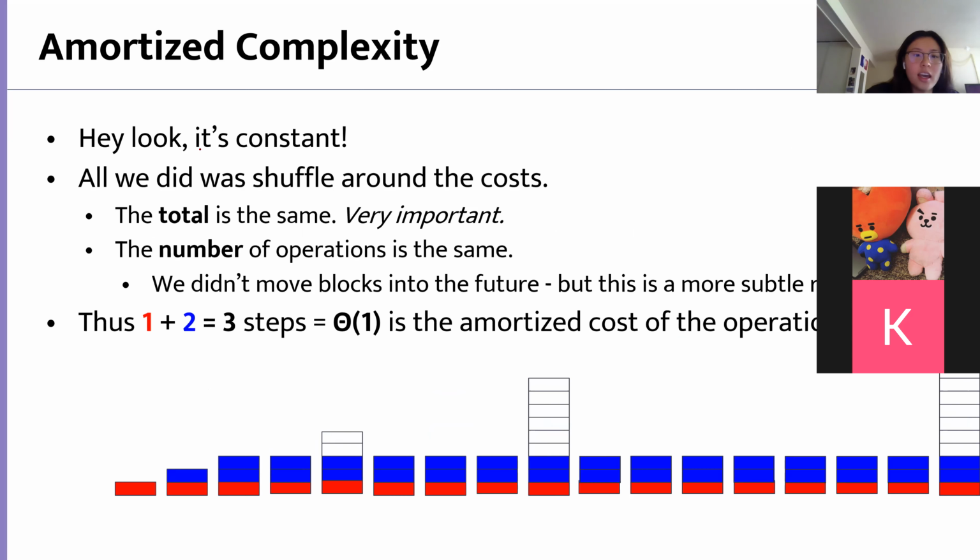So technically it is constant, it's like O of 3. Once again, the total is the same, but if we divide the amount of work we had to do among every single operation, it does spread out. And that is the idea of amortized complexity. So pretty much this is an O of 1 process.